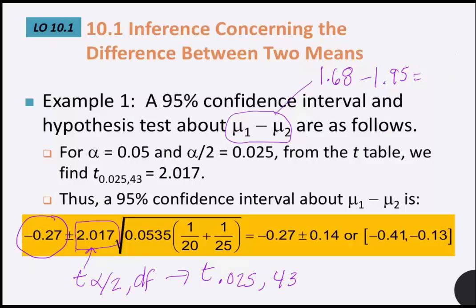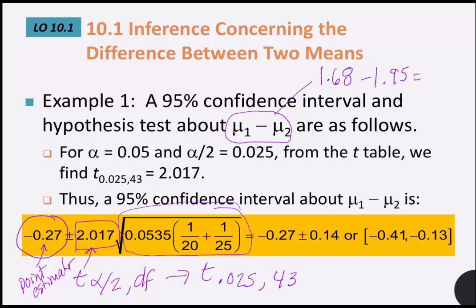And you see I've got it here. So we've got the point estimator here. This is our point estimator, plus or minus our t value times this right here, which is essentially the margin of error that we're interested in.